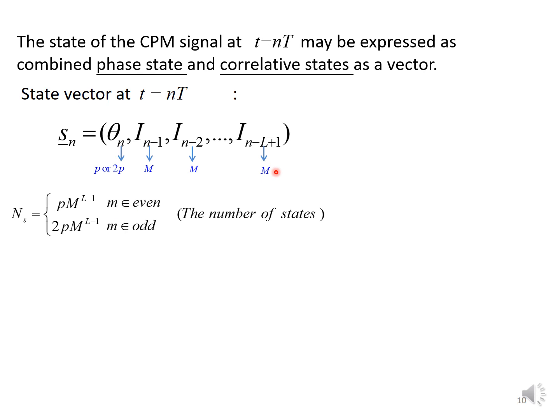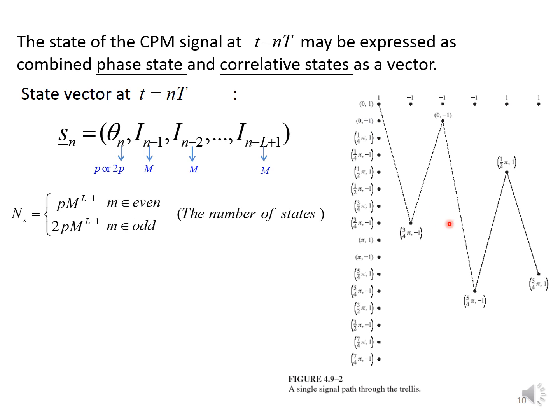For example, for the full response, L equal to 1, then this would be just theta n and the new symbol a n determining the state of the new signal.